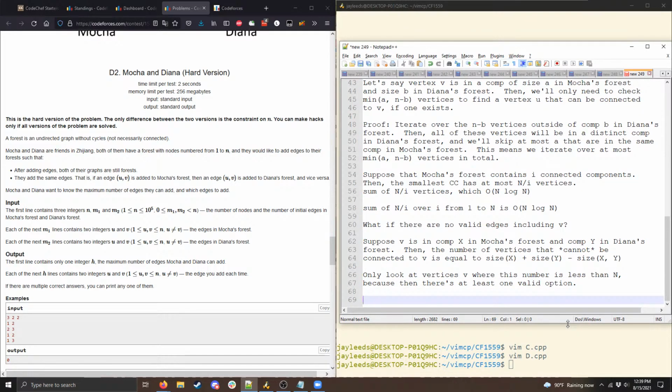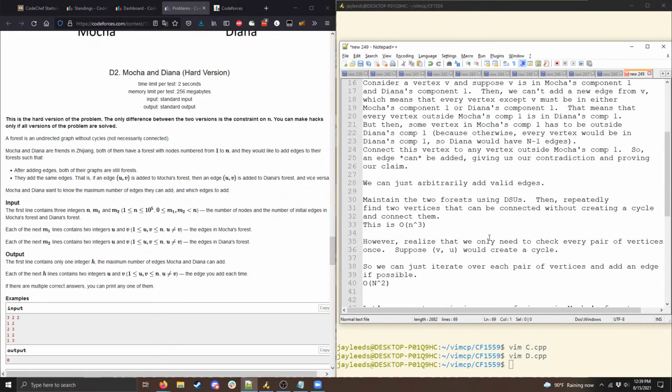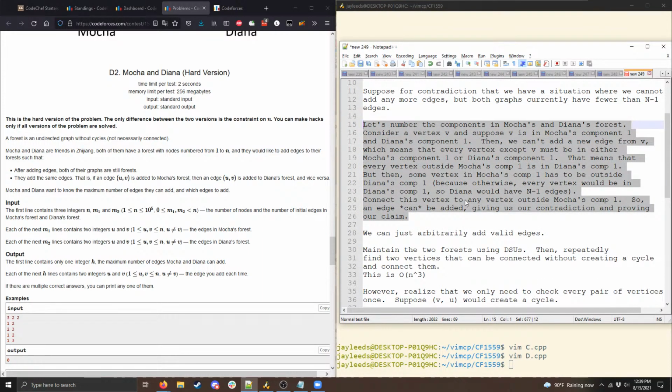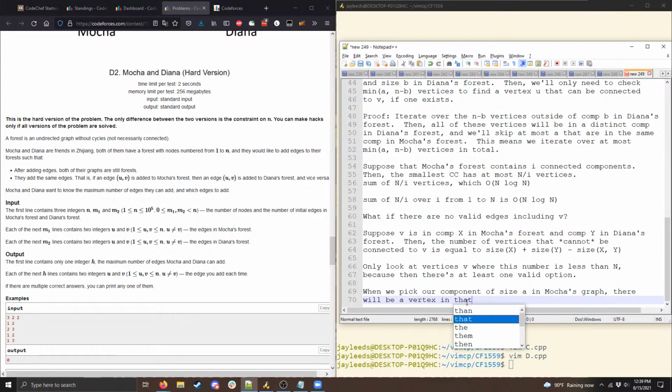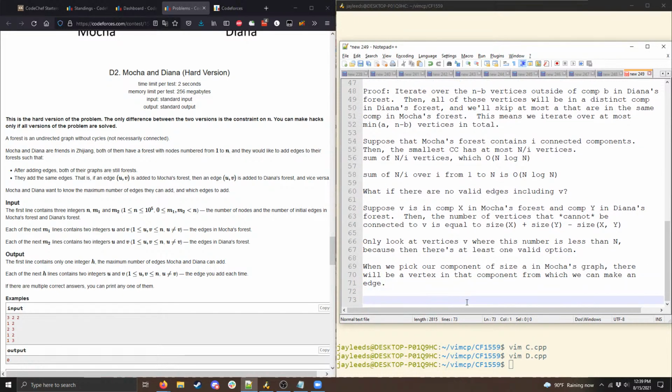And moreover, the proof of this observation shows that when we pick our component of size A in Mocha's graph, there will be a vertex in that component from which we can make an edge.